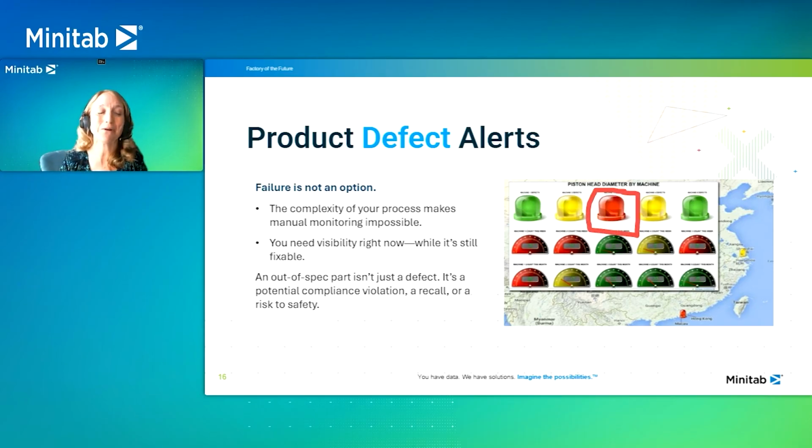But now we know about it so much sooner by looking at alerts, variation, and whether we're in spec, out of spec, right when those defects happen, not when we're inspecting them at the end of the line. So I just think about what a difference that makes. And now we have solutions to help you with that. And again, we'll take all that data and put it into Minitab for unbelievable amounts of information we haven't been able to collect in the past.